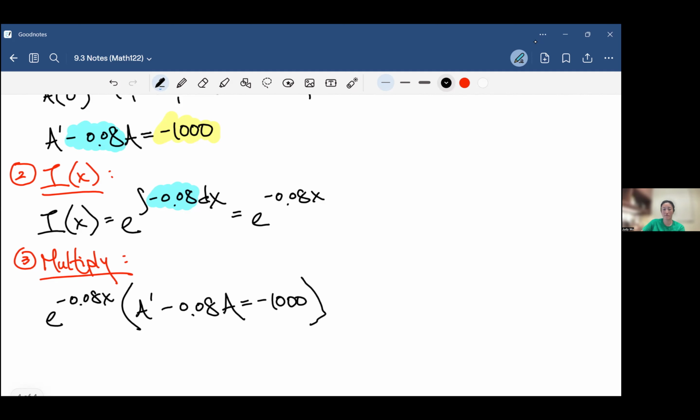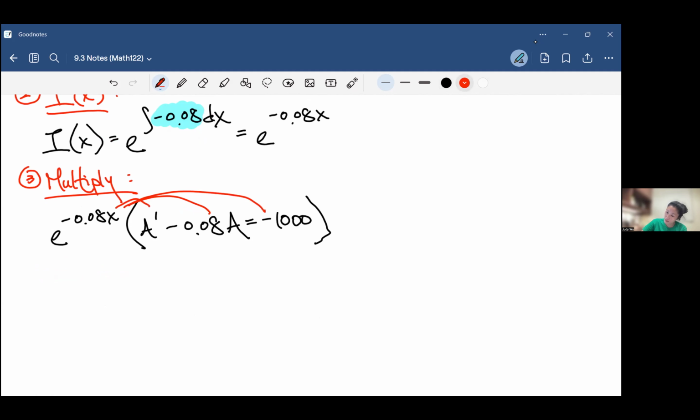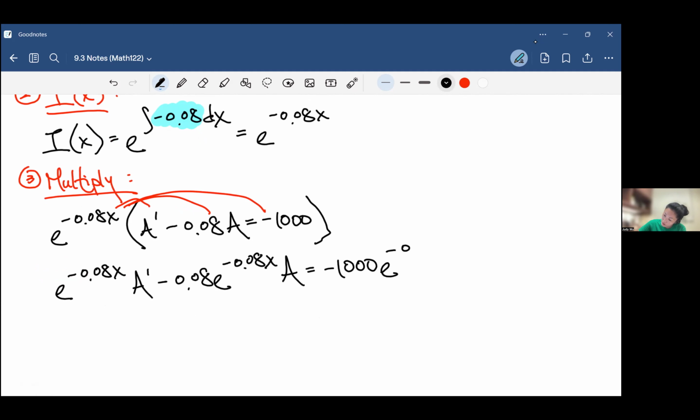All right, let's distribute, see what we get. We get e to the negative 0.08x times A prime minus 0.08 e to the negative 0.08x times A equals negative 1,000 e to the negative 0.08x.